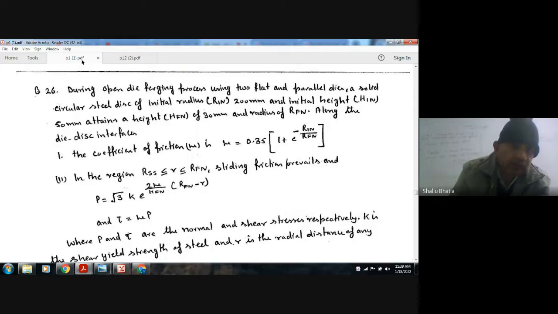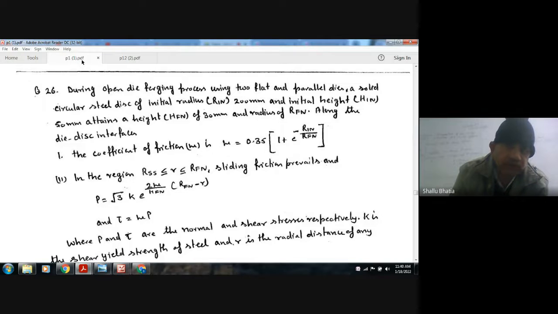Question number 26: during open die forging process using two flat and parallel dies, a solid circular disc of initial radius r_in 200 mm and initial height h_in 50 mm attains a height h_fn of 30 mm and radius of r_fn.